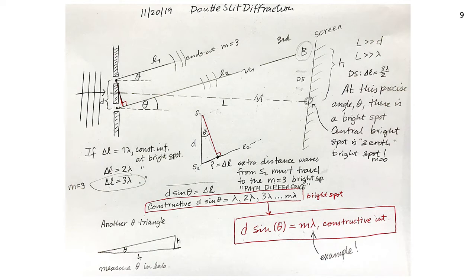And guess what these other two are? This one, delta L equals lambda, that's this first bright spot here. The angle's a little bit smaller, and you just have a smaller path difference. So this is what you would call the path difference.